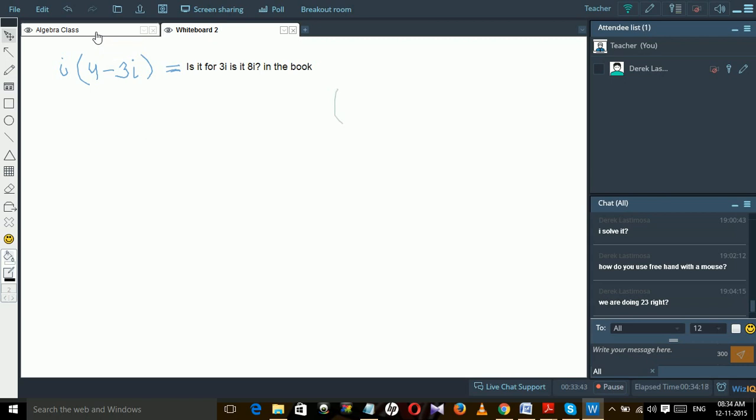But it doesn't matter, you can solve with 3i also. If you can't do it with 3i, you can do it with 8i as well. So let's go with the 3i only. No worries.